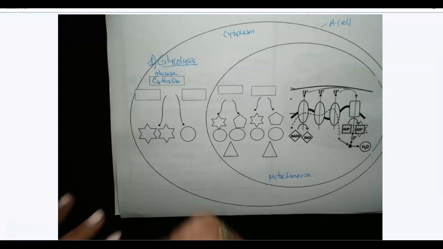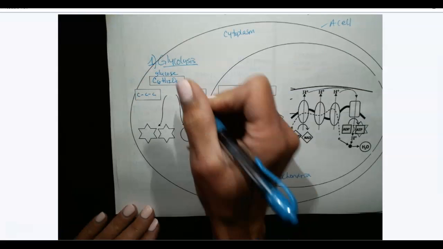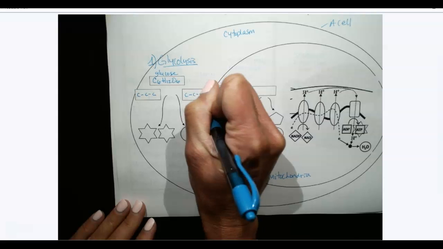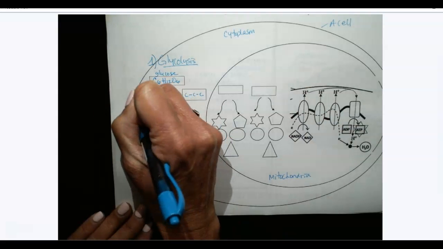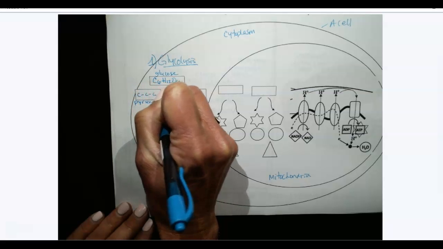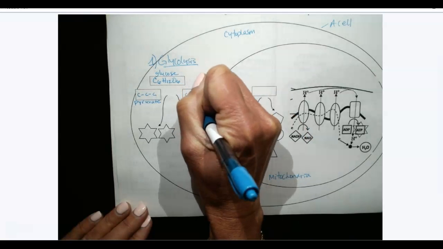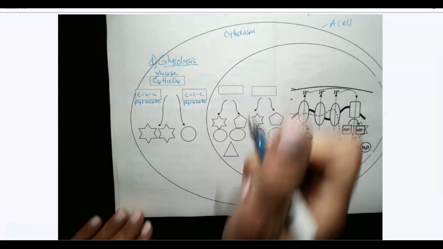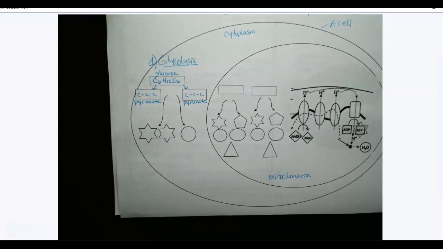So I'm going to write C, C, C, so I know it has 3 carbon atoms. And I'm going to write pyruvate, P-Y-R-U-V-A-T-E. That's just the name of the molecule. So glucose is going to break down and make 2 pyruvate molecules in glycolysis.